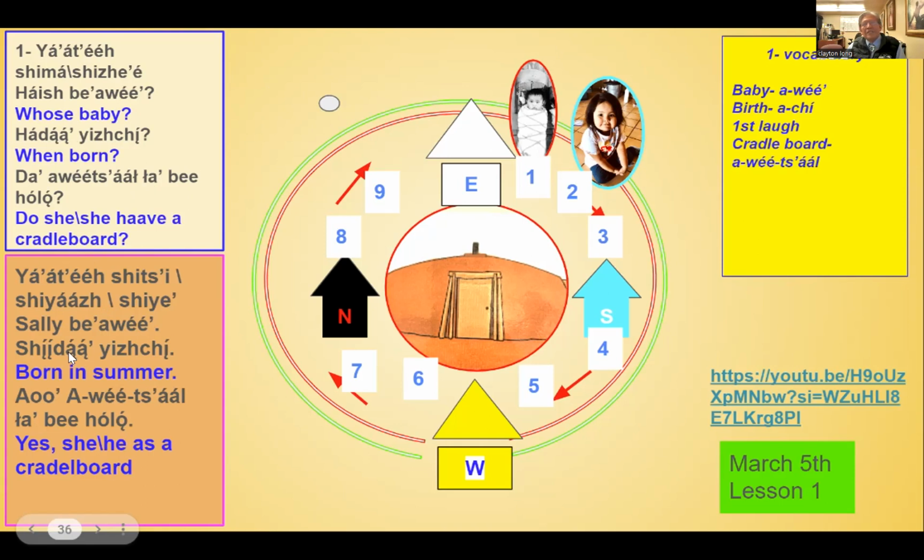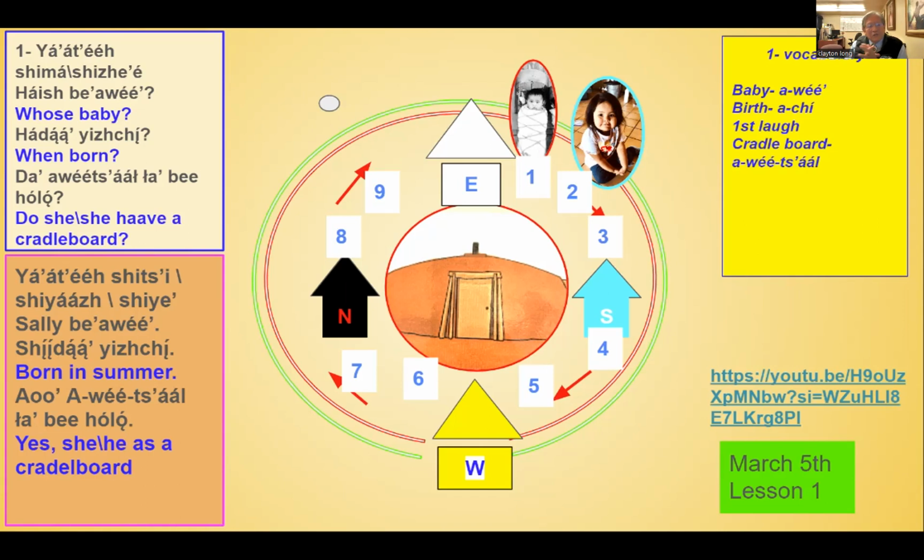Shida means in the spring, born in this summer. Shida. This past summer is what I'm saying. Da Shi is a word for summer. Da represents like past tense. When summer was up here.